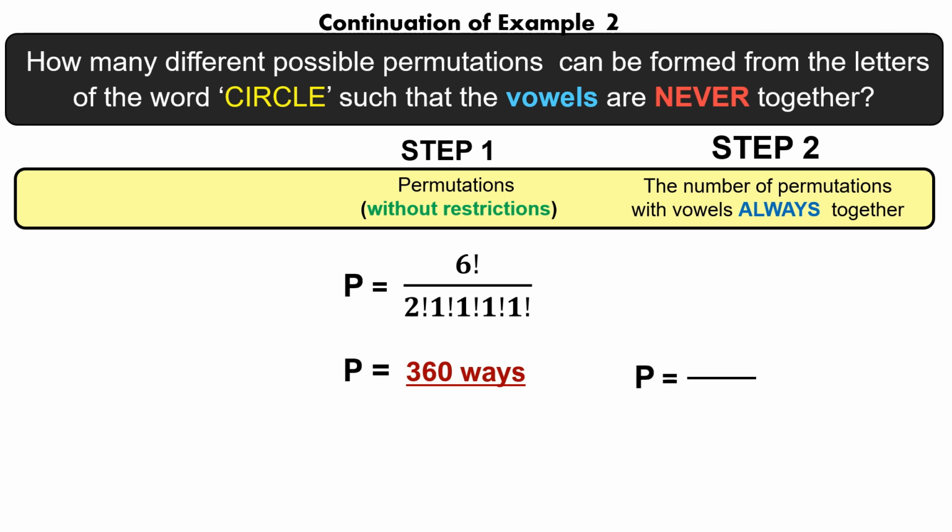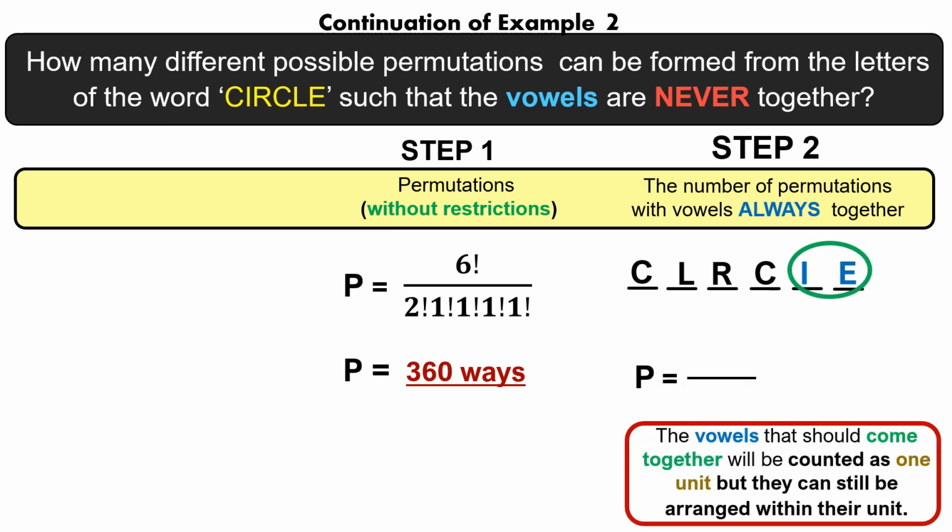So we are going to find out what's in the numerator and in the denominator. So let me illustrate first the arrangement of the word circle using lines. So interchange na natin yung position ni letter L kay letter I. We need to do this to group those vowels together and be counted as one unit.